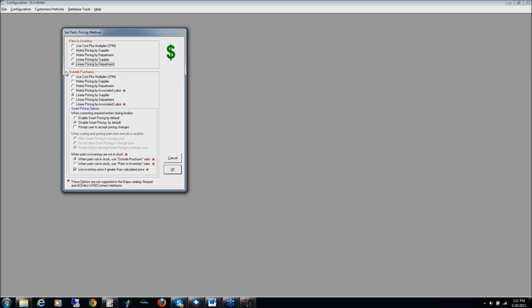The same concept would hold true as the numbers increase. If I'm putting brake rotors on my shelf, I may be paying $20 a piece for those rotors when I'm buying them on the outside, and I'm paying $15 a piece for those that I'm putting on my shelf. So I'm saving $5 by putting it on my shelf. The variation in pricing rules between inventory and outside purchase is there so that you can not only save the money that you're putting out in order to put those parts on your shelf, but also recoup the benefits of that.